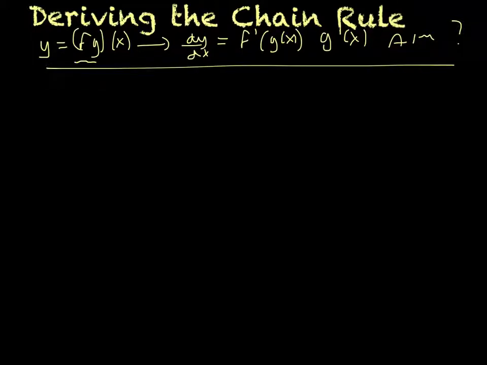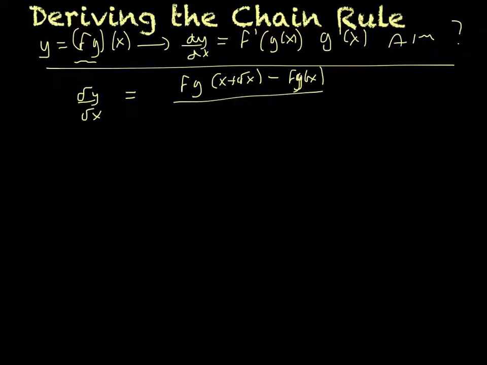So what we're going to do is use our normal first principles formula, but it's going to get slightly more complicated. We're going to say delta y over delta x, our small change in y over small change in x, is the same as f(g(x plus delta x)) minus f(g(x)) all over our change in x, which is just delta x.